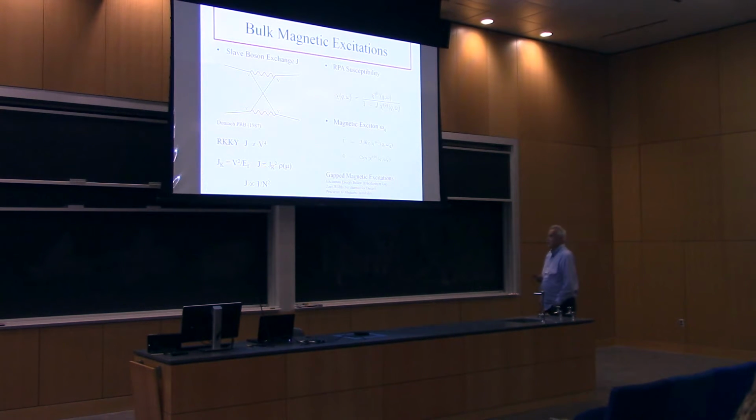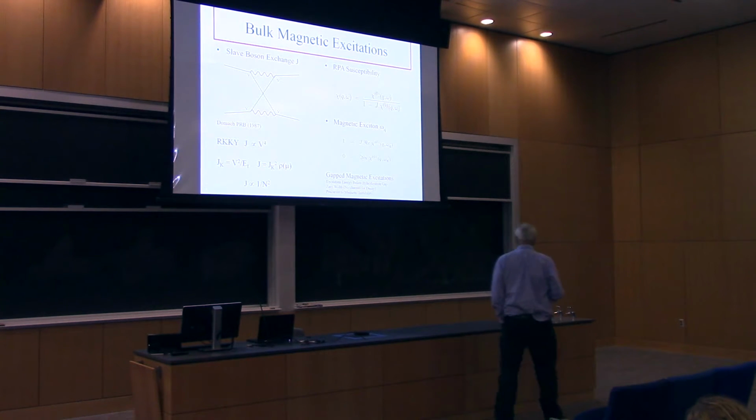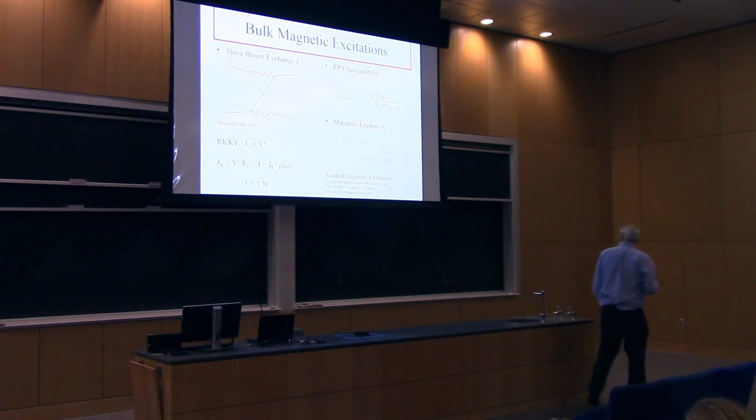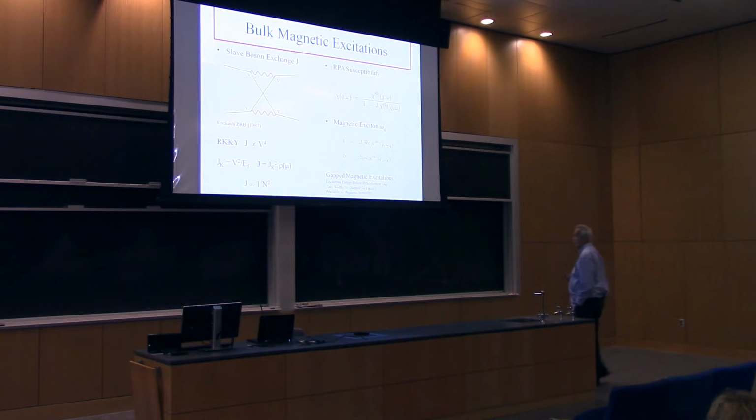And just look at this for a second. The imaginary part of the total susceptibility tells you the density of magnetic excitations in the system. Chi naught is the quasi-particle density. Imaginary part of chi naught is the quasi-particle density of states.